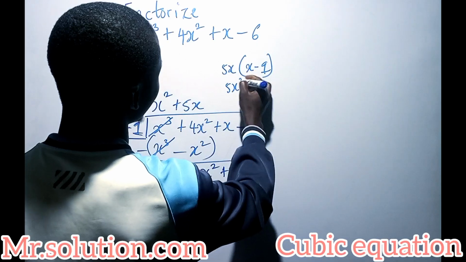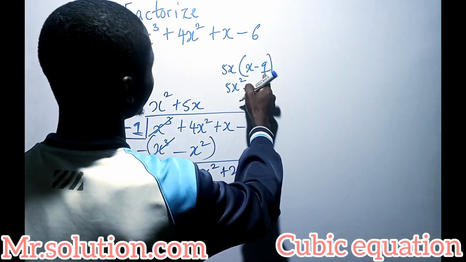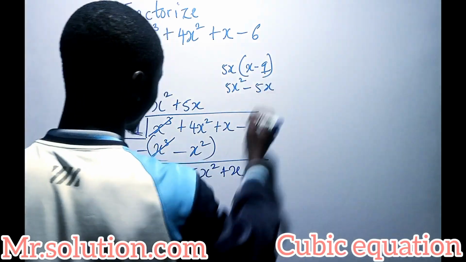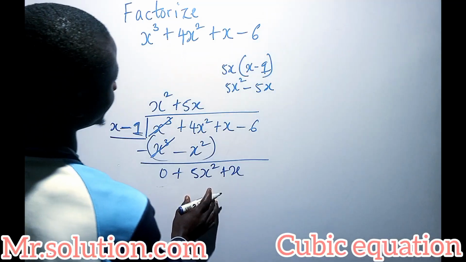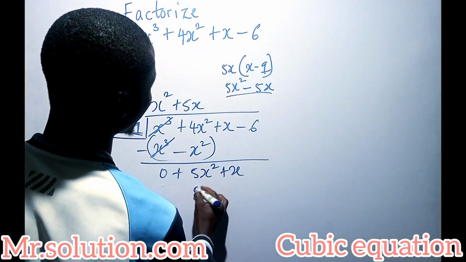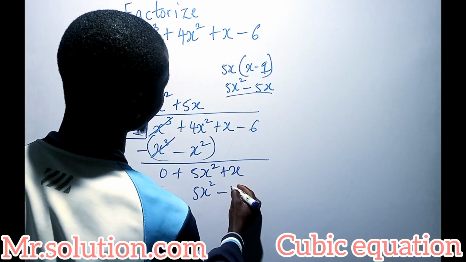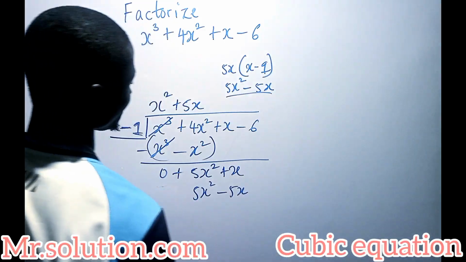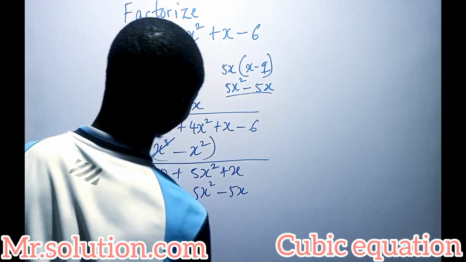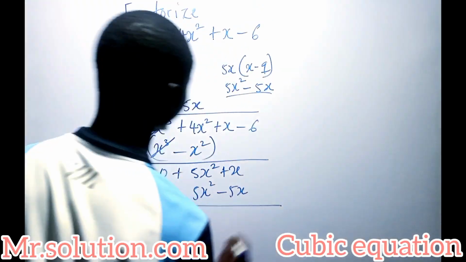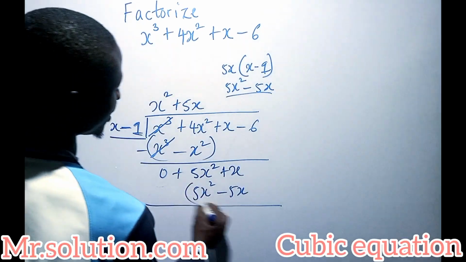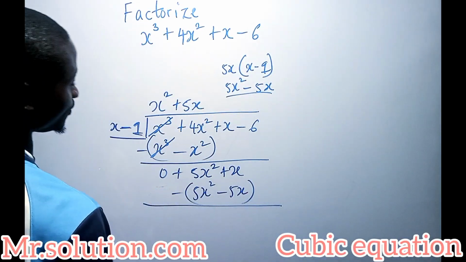Now 5x multiplied by x gives us 5x squared, minus 5x multiplied by 1 gives us 5x. So you bring it downward here. This result, we now have 5x squared minus 5x. Then the same way you are going to subtract also.